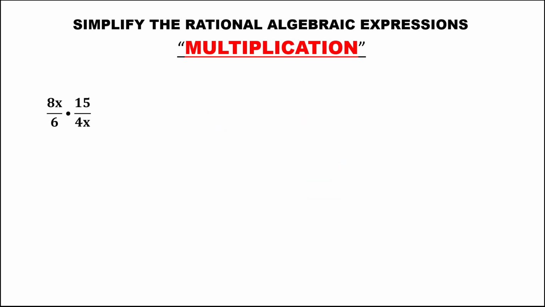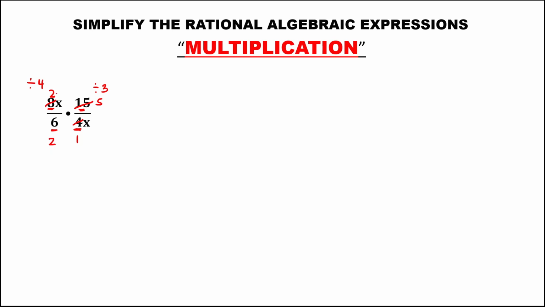For this given, using the elimination method, for the numbers 8 and 4, since these two numbers are divisible by 4, 8 divided by 4 is 2, then 4 divided by 4 is 1. Then for 6 and 15, these two numbers are divisible by 3. 15 divided by 3 is 5, and 6 divided by 3 is 2.